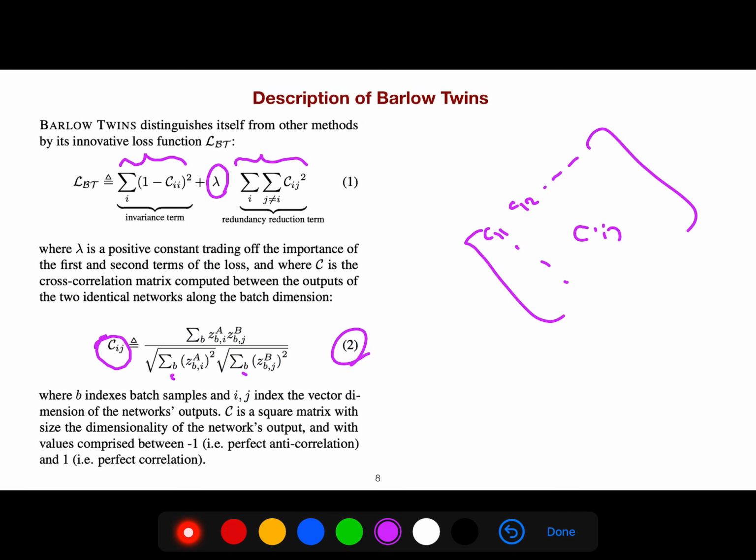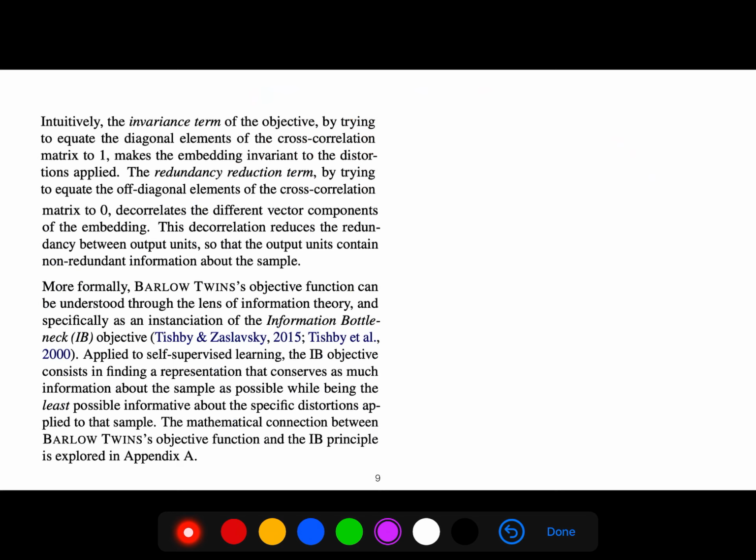The first term is very important, the invariance term. The invariance term of the objective, by trying to equate the diagonal elements of the cross-correlation matrix to 1, makes the embedding invariant to the distortions applied. The redundancy reduction term, by trying to equate the off-diagonal elements of the cross-correlation matrix to 0, decorrelates the different vector components of the embedding.